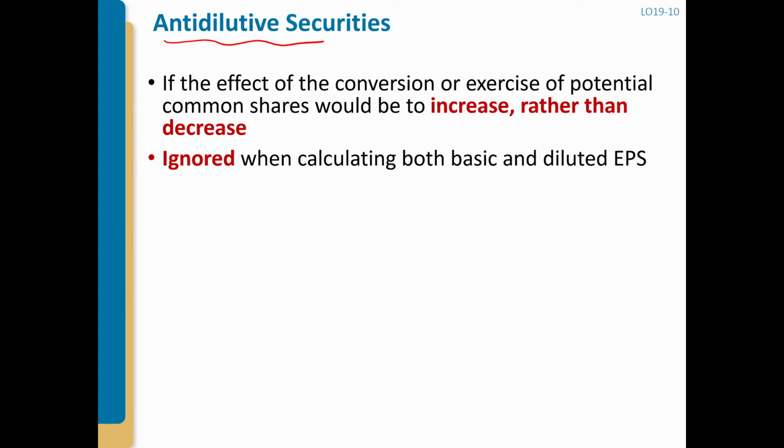But what if when we consider some securities, like stock options or convertibles, the result is higher than the basic earnings per share? We call that an anti-dilutive situation. We don't want that situation. Remember, we want to calculate the worst situation, not a better one.